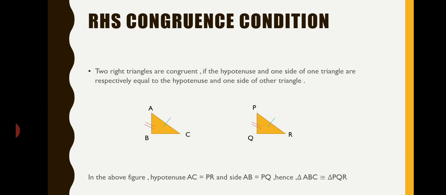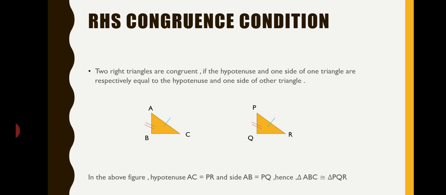So what is this RHS? It's not right hand side. RHS means the two triangles are right angle triangles, their hypotenuses are equal, and one of the sides is equal.